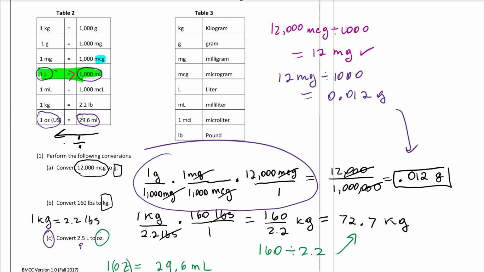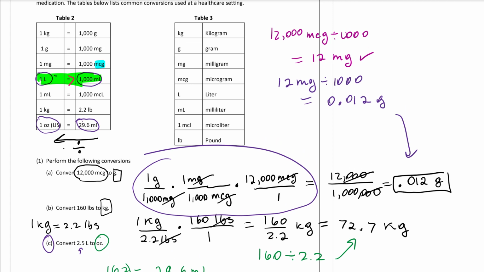So 2.5 liters, which is given to us, multiplied by 1,000 gives us 2,500 milliliters. You see, we got to this point. Now we have to go backwards from milliliters back to ounces. Here you have to do the division.